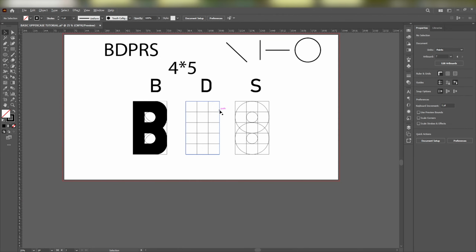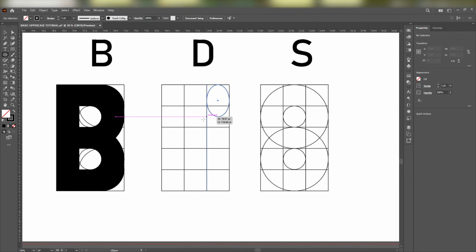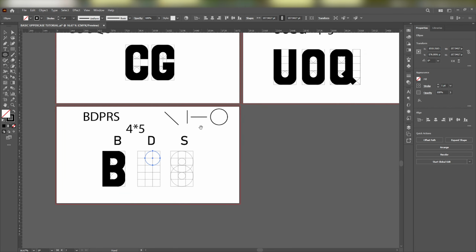Now for the letter D. The letter D is simpler than the letter B. I think I should have done the letter D first, but let's just get down to it. You need the exact same thing we've been doing for the U, the O, the Q, but this time we only need half of it.